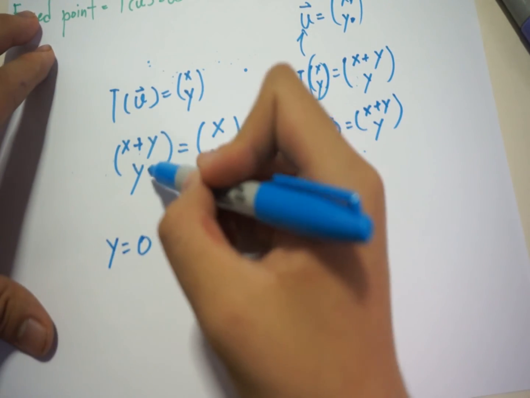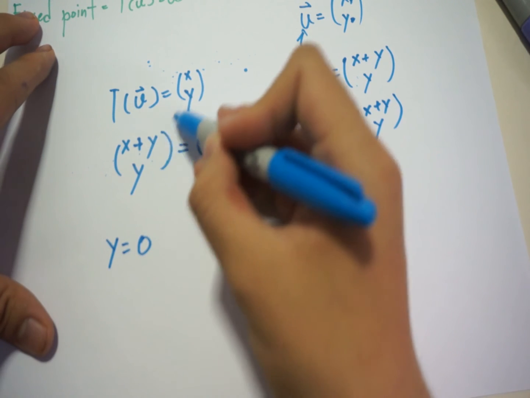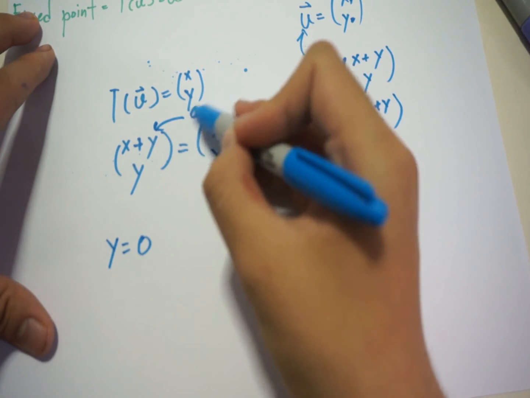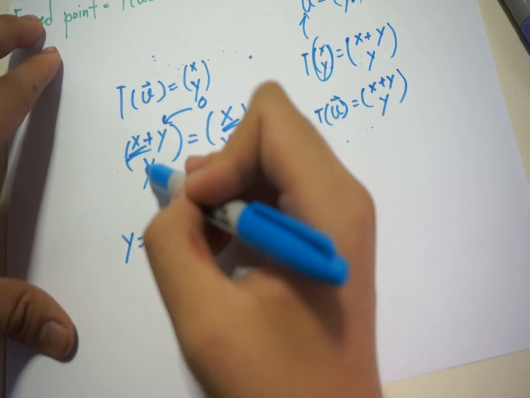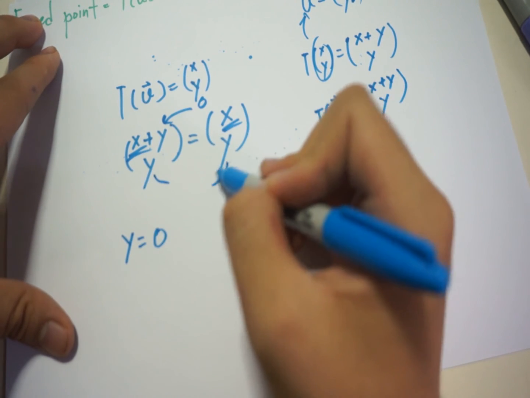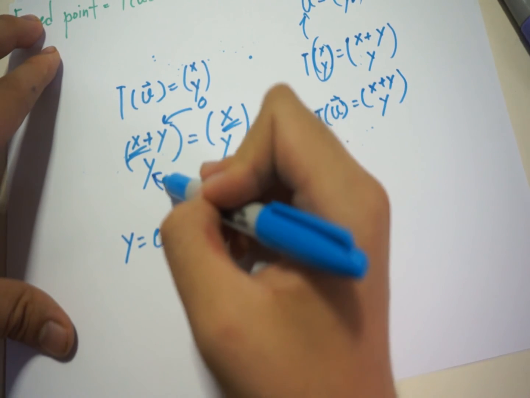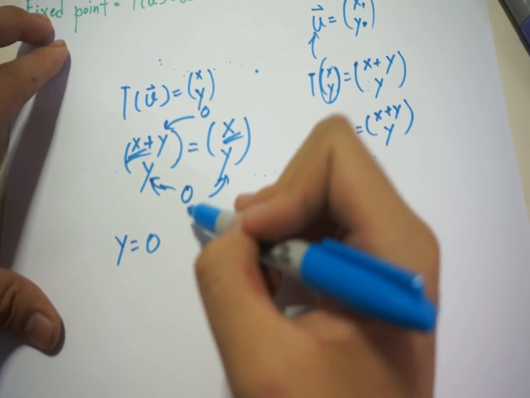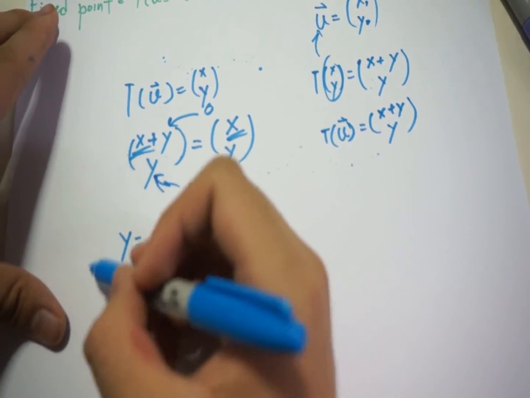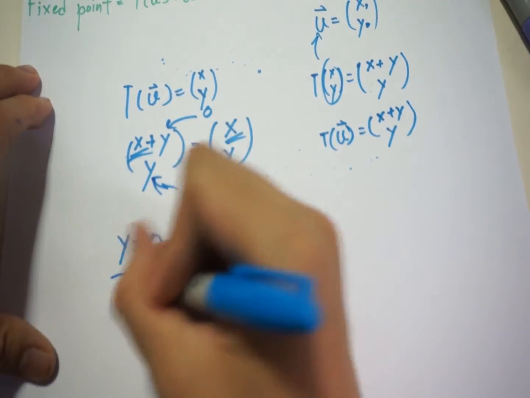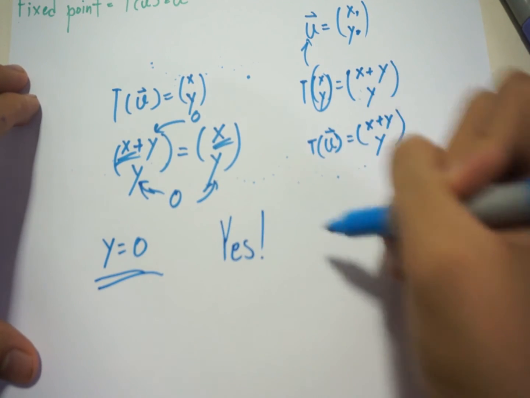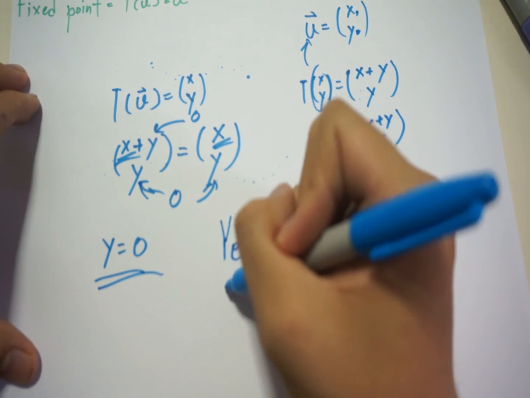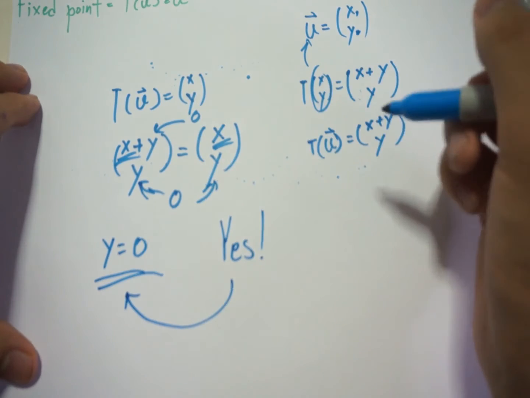You can see that if we turn y over here to 0, we would have only x. And if we turn both y into 0, then it is still y, so it is the same. So that means that this has a fixed point. Yes, it has a fixed point only if y is equal to 0.